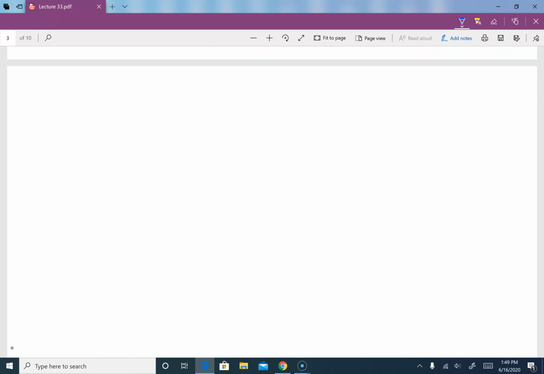So based on that, we have the power triangle as mentioned earlier. This is our P, this is our Q, and this is our S, which is the apparent power.